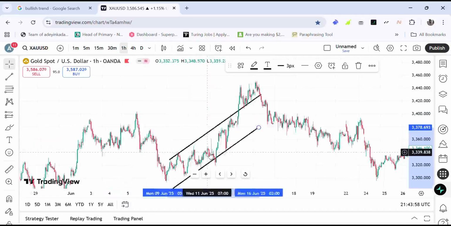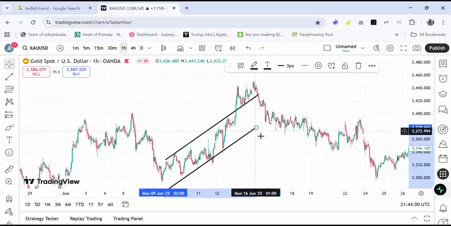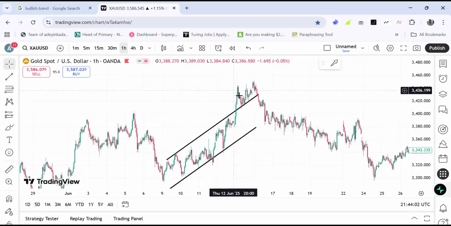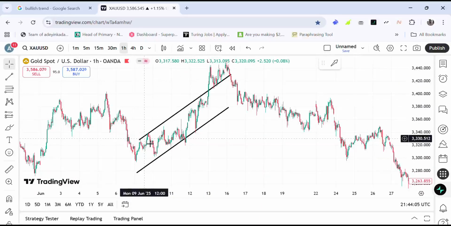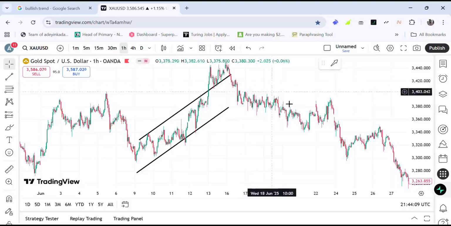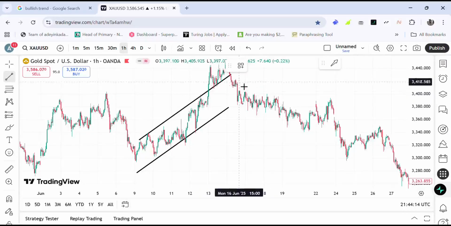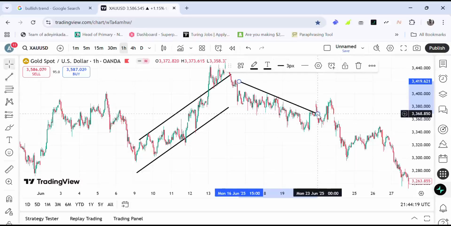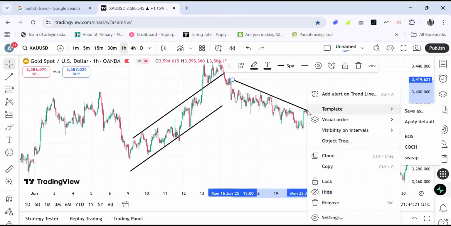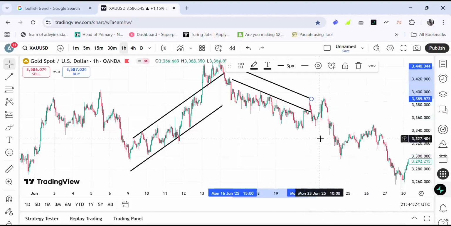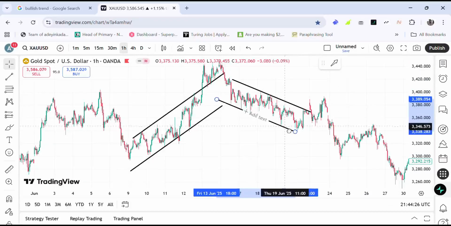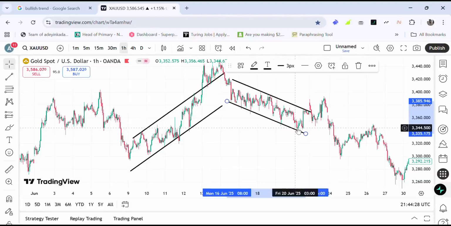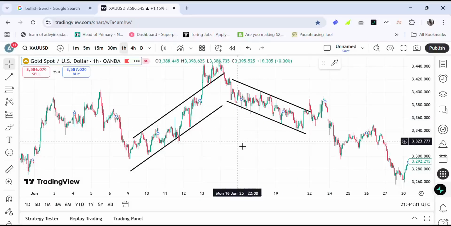With this, we can see that this is an uptrend, while this over here is a downtrend. Obviously, this is a downtrend, this is a downtrend, and this is a downtrend.